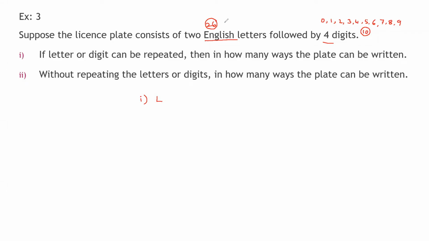Means here how many are left out? 25 left out. But as I am able to repeat, the same letter which I have taken, for example A, again A can be written because the first case is with repetition. So again, it will be 26.